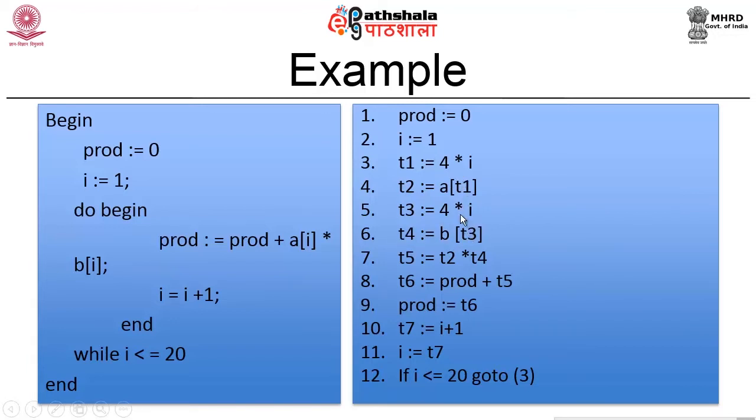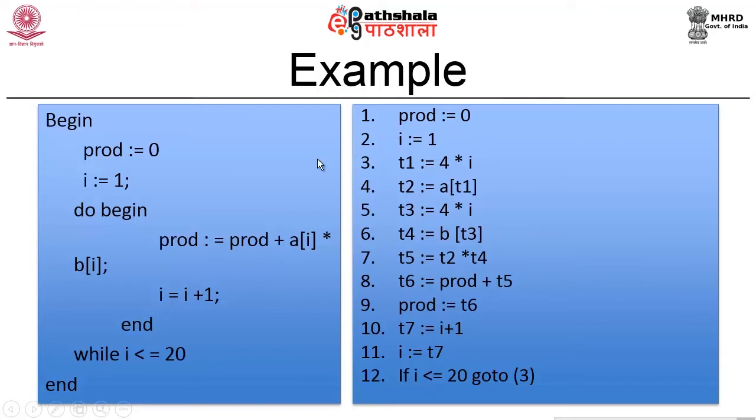Then these should be multiplied: T5 is equal to T2 into T4, and that should be added to prod, which is T6, and it is assigned back to prod. Then I increment I in a temporary variable and assign it to I. If I is less than or equal to 20, go to statement 3. This is the 3 address code for this example.